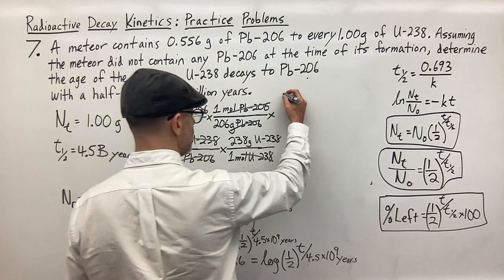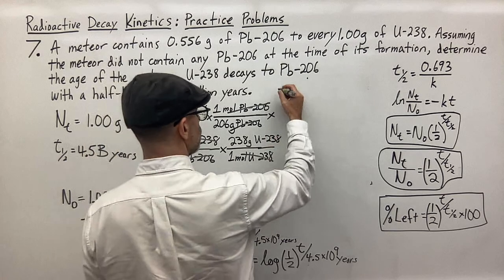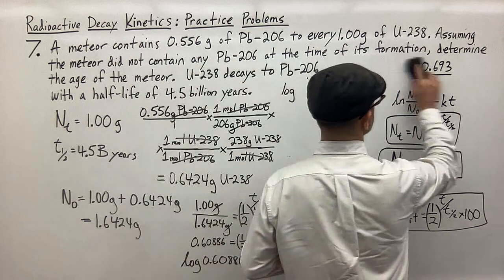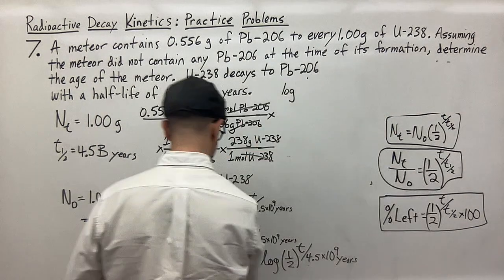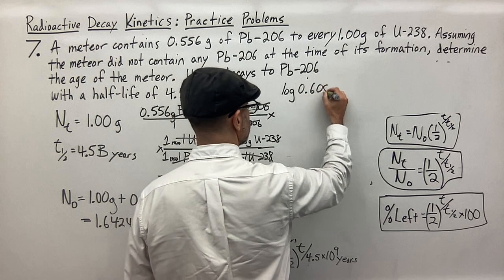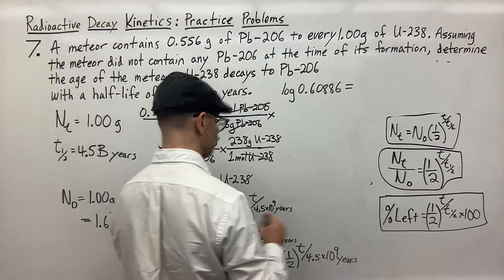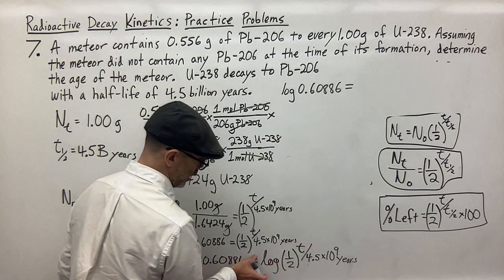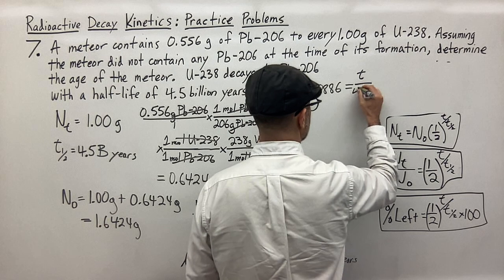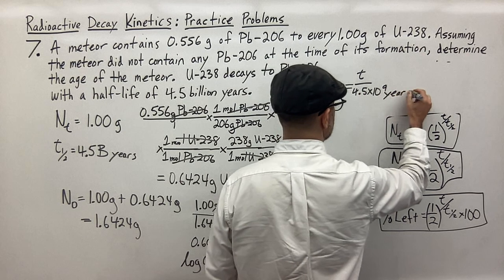So I'm going to rewrite this up here. So this is going to be the log of 0.60886, and that's going to be equal to, and then I'm going to bring this here, so it's going to be t over 4.5 times 10 to the 9 years.